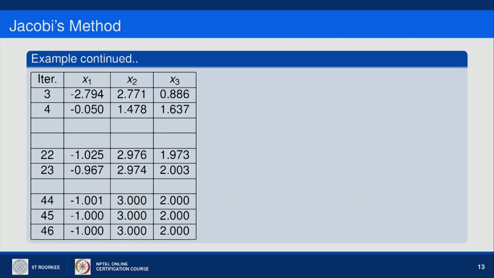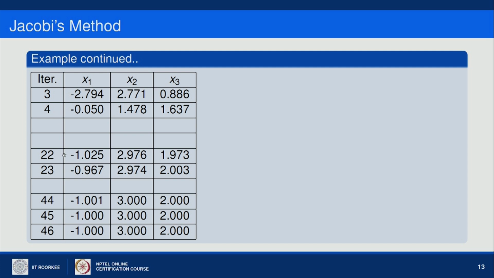So, this table gives me the values of x1, x2, x3 in the third iteration, then in the fourth iteration, and you can see the values are changing quite differently in each iteration.